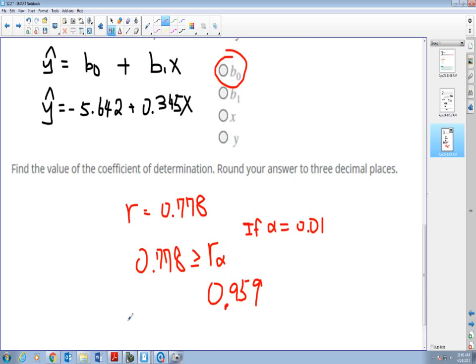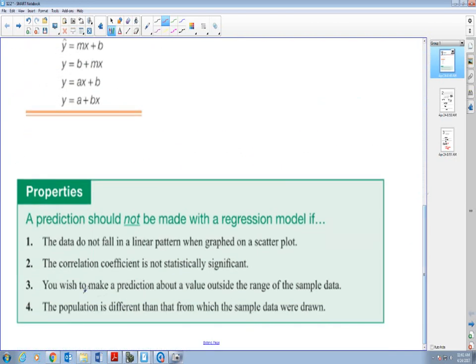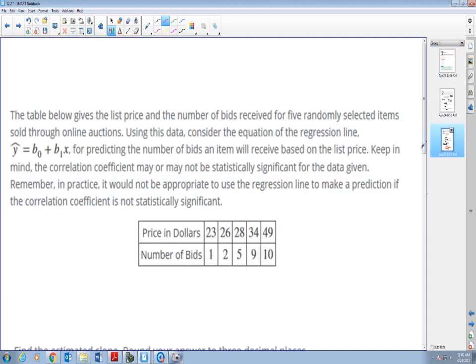What it's telling us is my R is not greater than the R sub alpha, so I should not make any prediction. My correlation coefficient is not statistically significant, so we should not use this data to make any predictions.